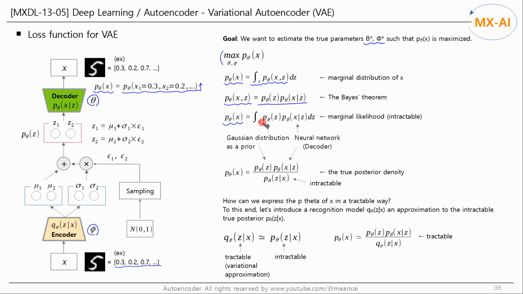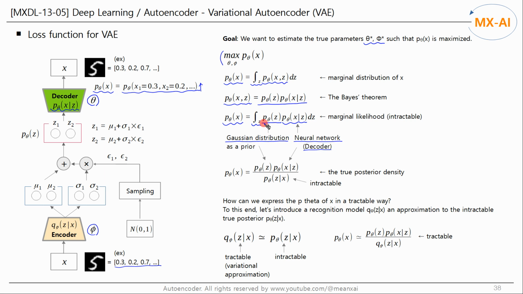We assume the p theta of z is the Gaussian distribution as a prior in the latent space. And we can use a neural network, a decoder, for this conditional distribution. However, the integral of the marginal likelihood is intractable.